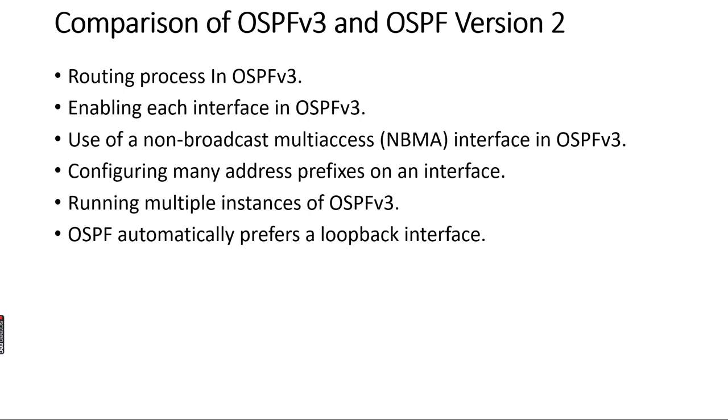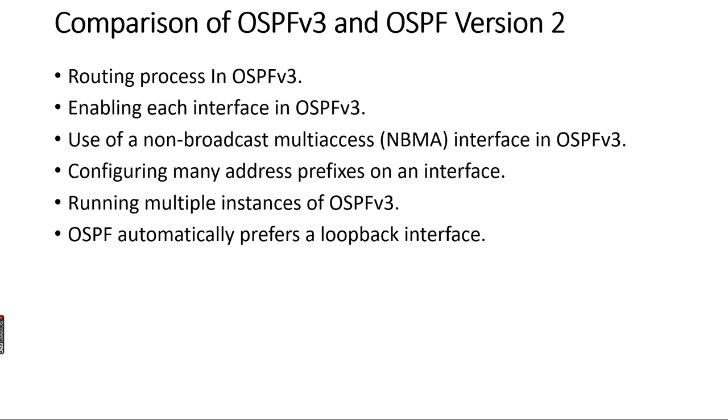And then coming to enabling each interface. In OSPFv3, every interface must be enabled using the commands which we have seen already in the interface configuration mode. This is different from version 2, because in version 2, interfaces are indirectly enabled using the global configuration mode.